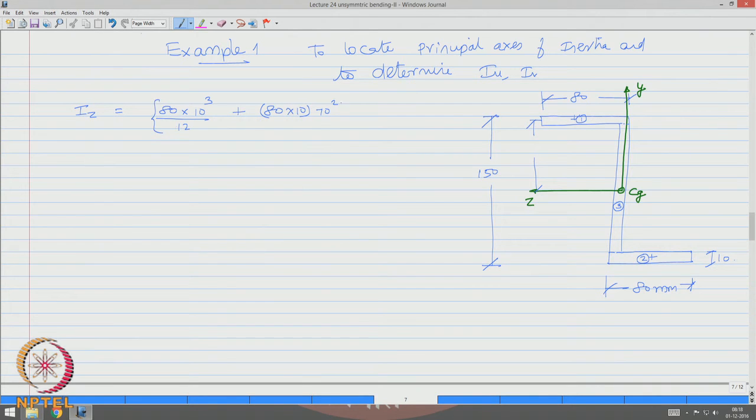This is for member 1 or the top flange, plus let us do it for the bottom flange by multiplying this by 2, plus let us do it for the web, which is member 3, which is 10 into 130 cube by 12. So, I substitute this and get this value as 9.684 into 10 power 6.